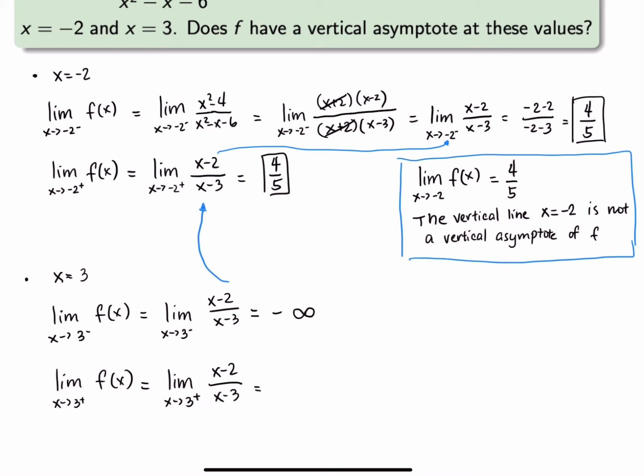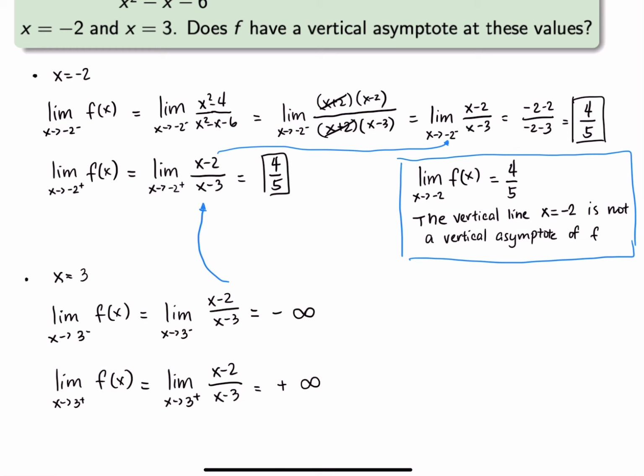So similar to the left-hand limit, here the numerator is non-zero, it's actually 1, and the denominator approaches 0 but now through positive values, since x is coming from the right of 3. So this is now equal to positive infinity.